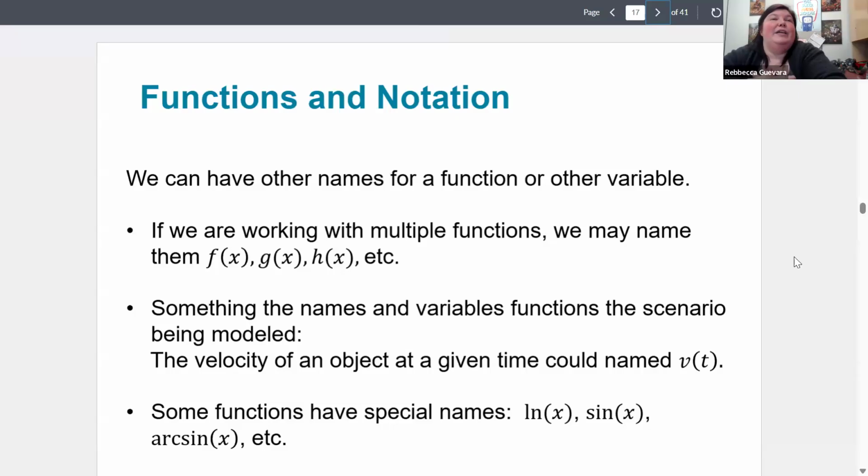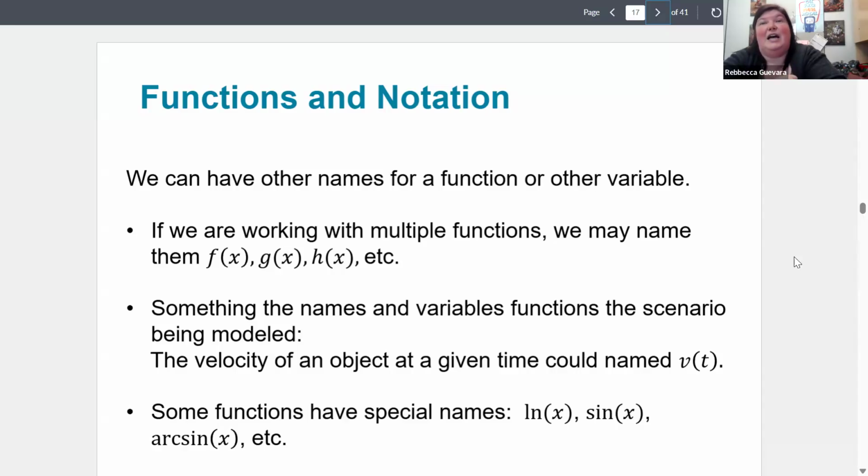So function names, we can give other names for a function or other variables. So if we're working with multiple functions, we may have functions that we call f of x, g of x, h of x, q of x. There's a lot of things that we might use. Sometimes the variables in the function tell us about a scenario that's being modeled.